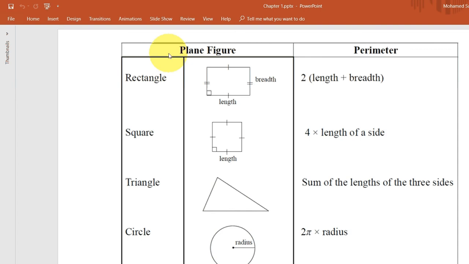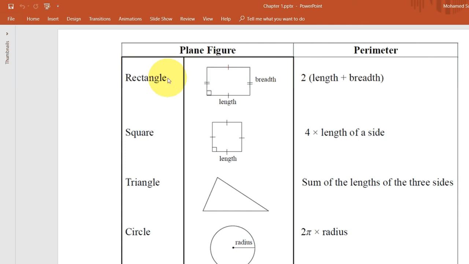Before going to the individual shapes, you should know the meaning of perimeter. Perimeter is the total length of the path that creates any shape. In this rectangle, it's created by four lines.